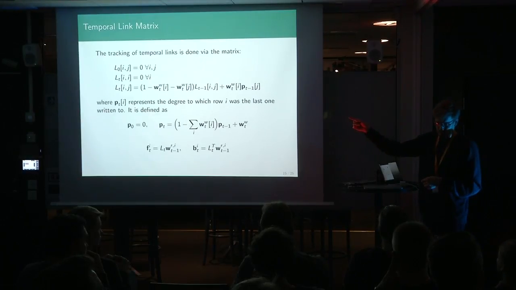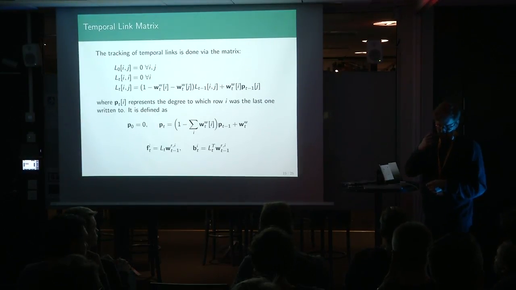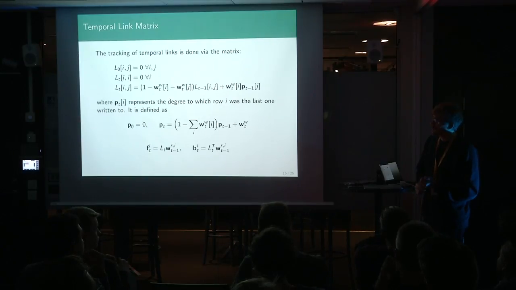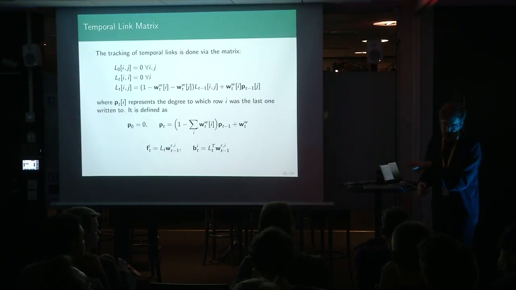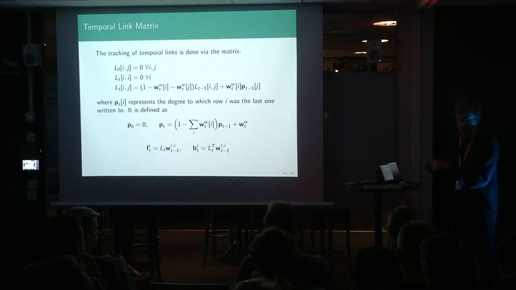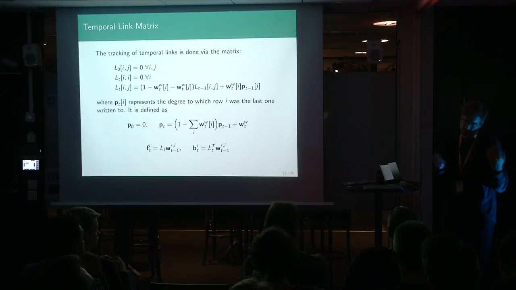Do you mean the memory now, or the linkage matrix? The memory. So you have this erase vector that tells you what to erase from this slot, and then you add what you want to write. So what was previously there is just modified by this process.